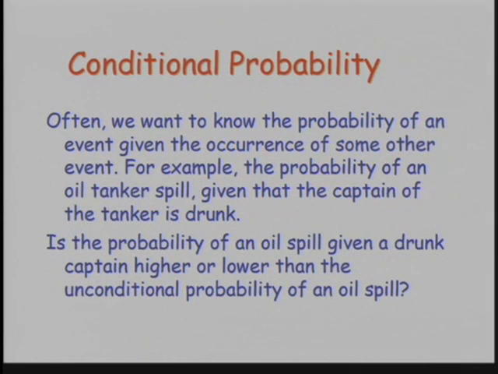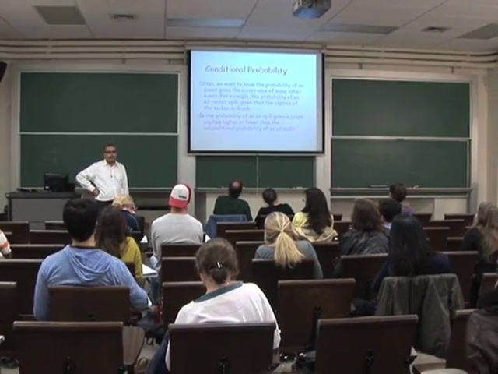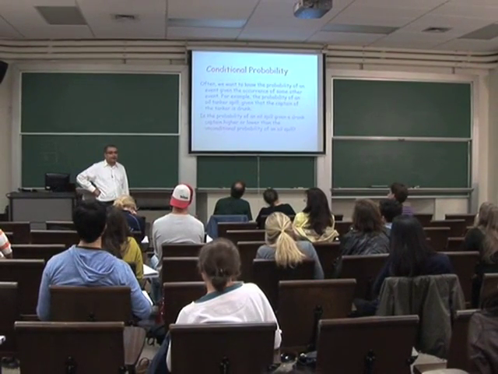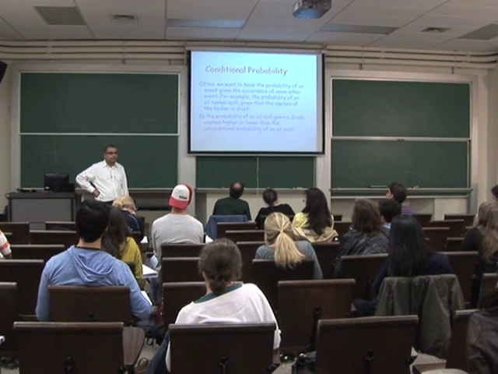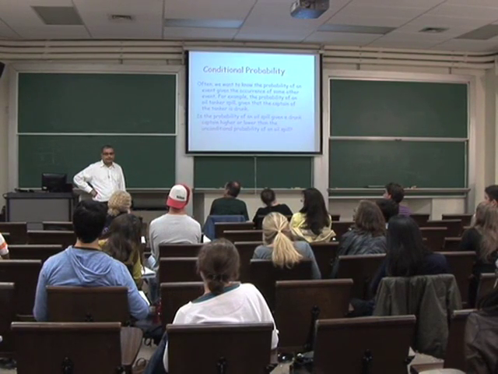Usually we care about conditional probabilities. We want to know, if something has happened, then what is the probability that something else will happen? For example, there is some probability that it will rain on a random day, if tomorrow is a random day.